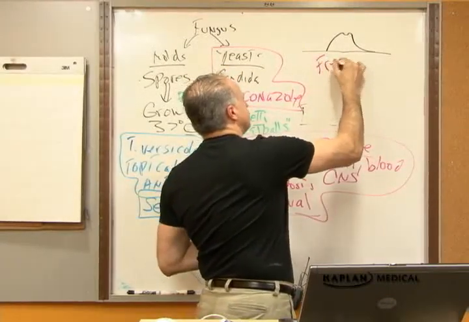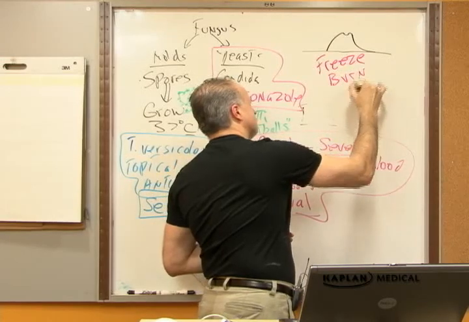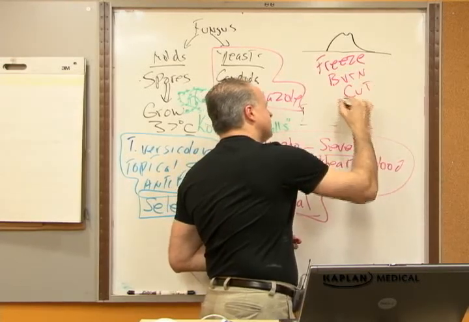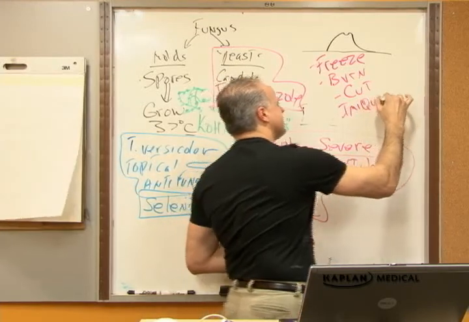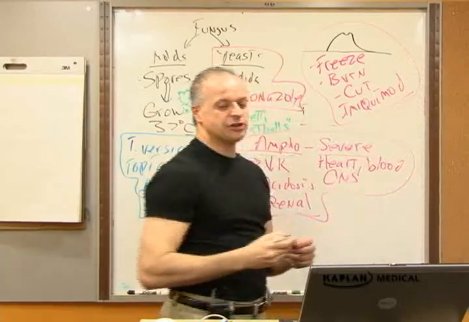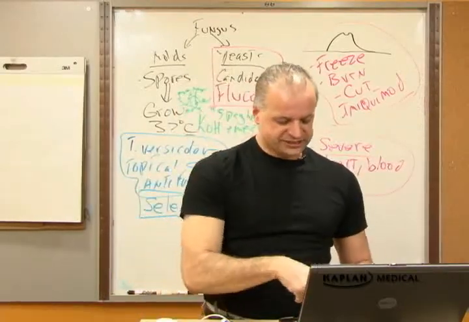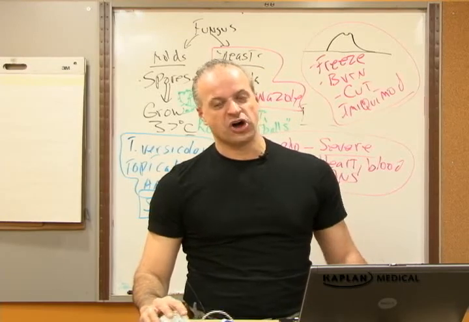You can freeze it with cryotherapy. You can burn it. You can use laser. You can cut it off. Electrocautery. You can use imiquimod, a local immunostimulant that tells your body's T cells that it's time to reject this molluscum as a foreign body, and it sloughs off.